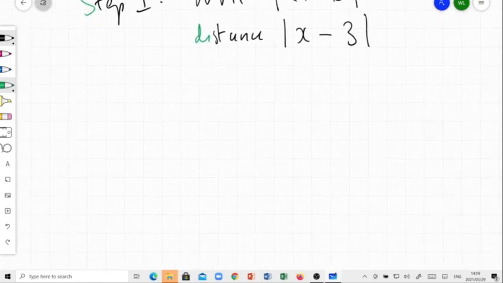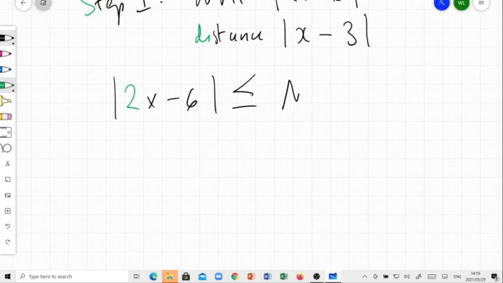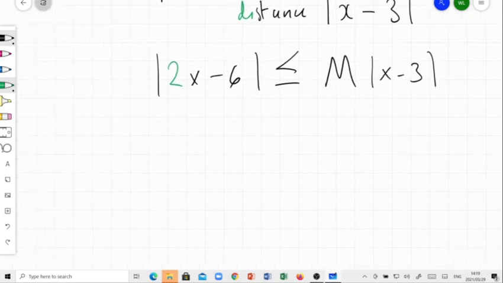So in other words, I have to write this distance 2x minus 6 as being smaller than or equal to some constant m times |x minus 3|. Now once I have done it, I can now calculate.